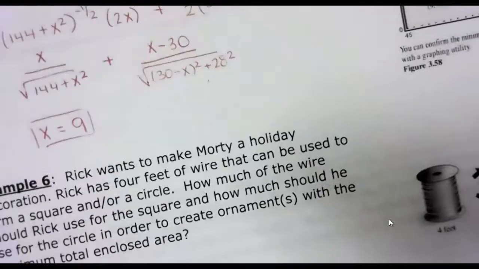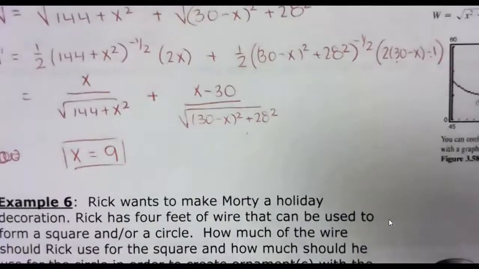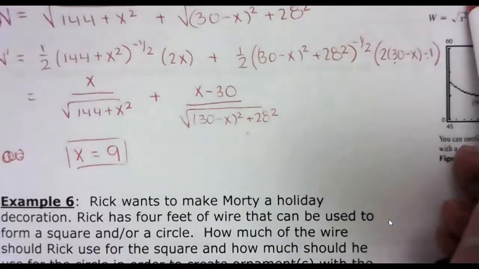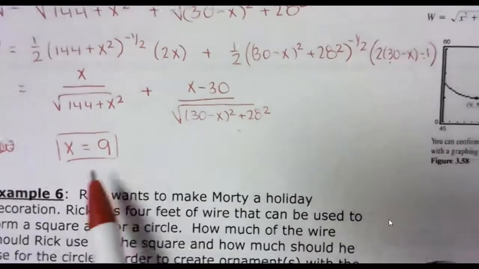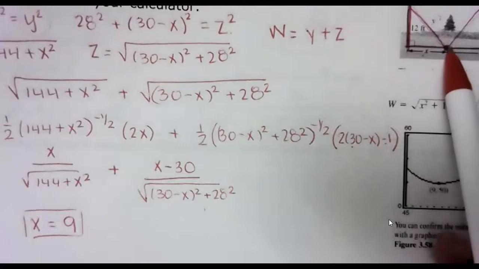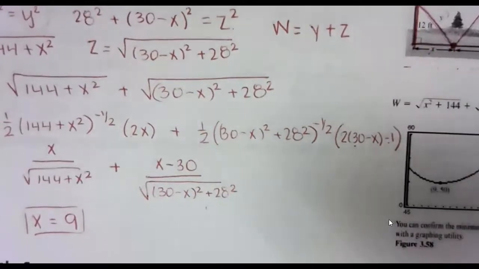Okay. So then it says, where should the stake be placed? The stake should be placed at X equals 9. So the stake should be placed right here at 9 feet from the first tower.